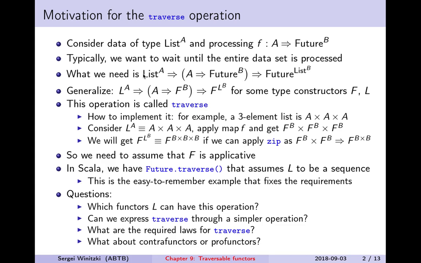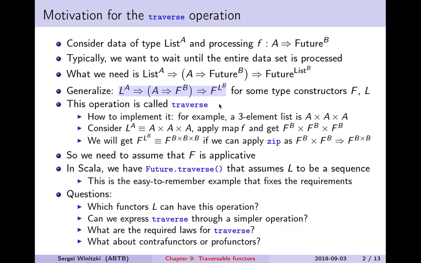But in order to understand what this kind of computation does, we want to generalize from a future to an arbitrary type constructor f. And we want to understand what properties these type constructors must have. So instead of list, we have L, and instead of future, we have F. And the type signature of the function is like this.